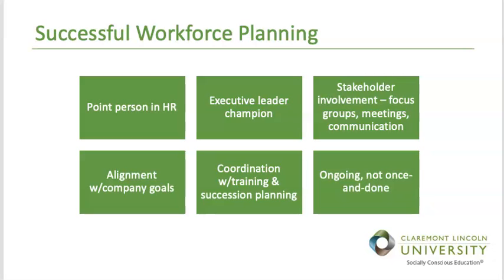There are several things that need to be in place in order for our workforce planning to be effective and successful. First, there needs to be a point person in HR, and this is usually the head of talent acquisition in large companies, or a person actually specifically for workforce planning. It can be an HR VP, an HR business partner in smaller organizations or within a specific geographic location.